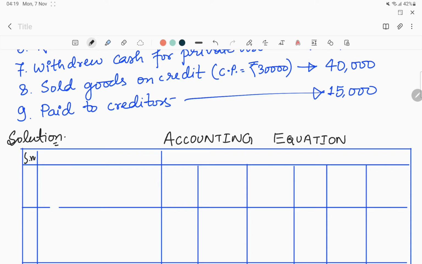Here we will write serial number, then in the second column we will write transaction, and the first four columns after transactions will include different types of assets, and the last two columns will be of liabilities plus capital.